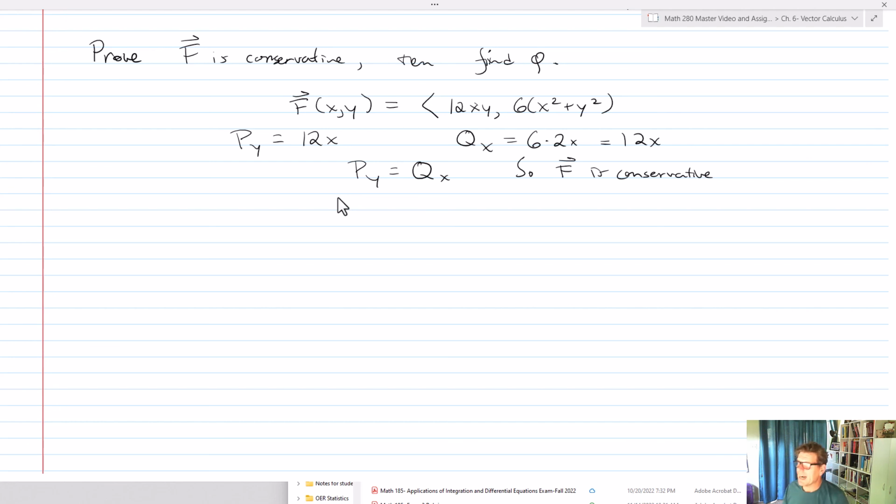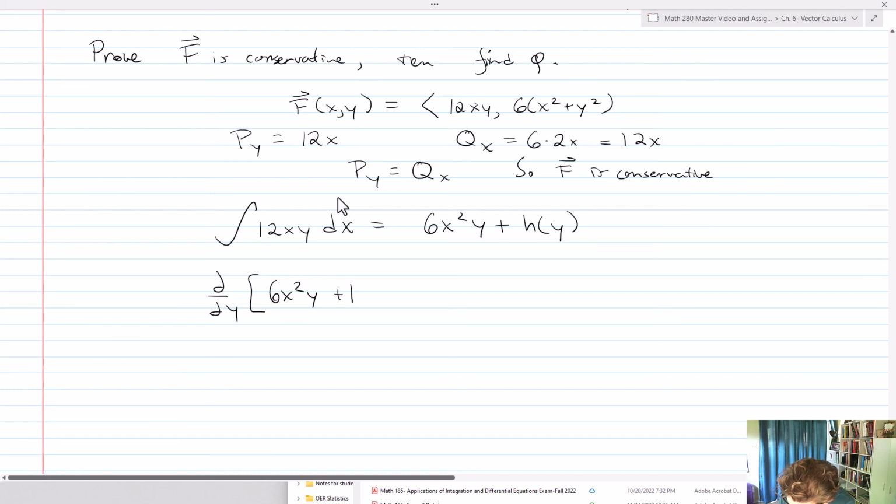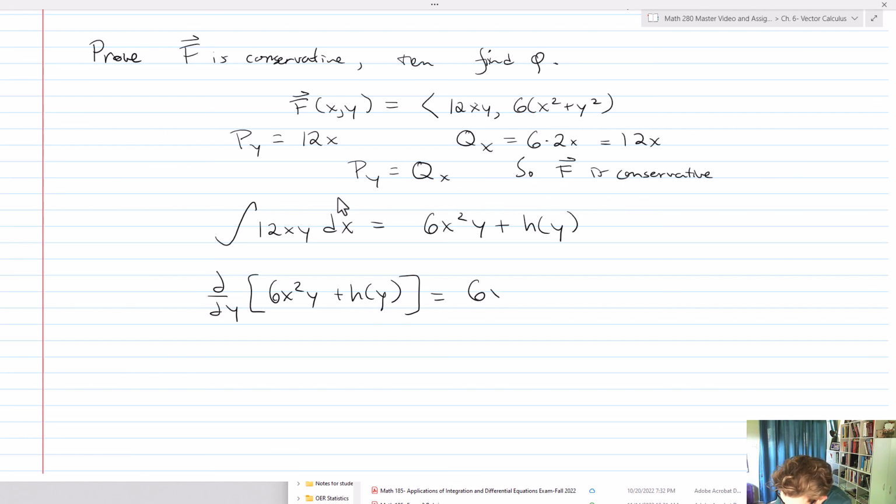Now I need to go in and retrieve my potential function phi. So I'm going to take the integral of, in this case, 12xy dx, and that's going to end up equaling 6x squared y plus some function of y, h of y. Now I'm going to take del y of 6x squared y plus h of y, and that's going to end up equaling 6x squared plus h prime of y.